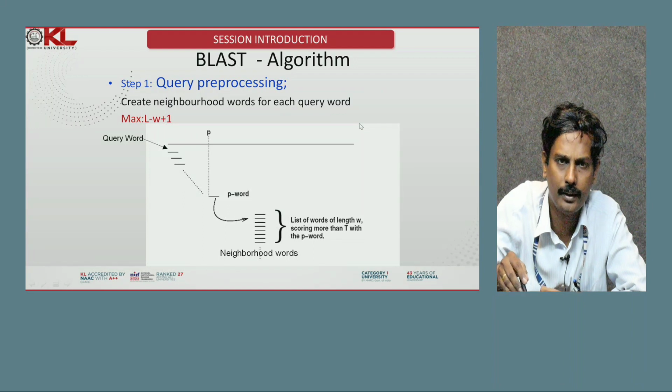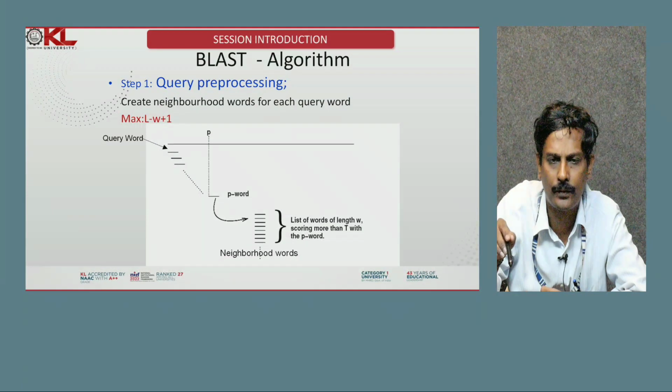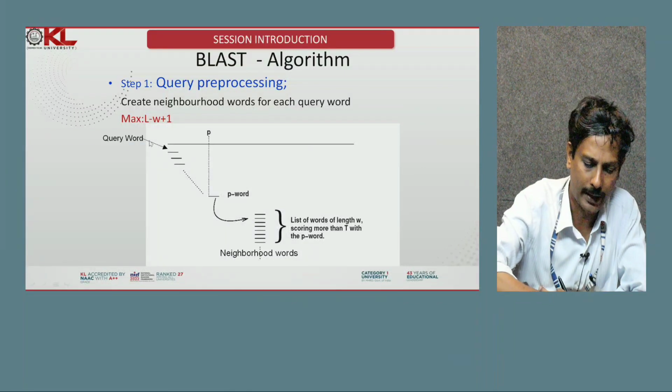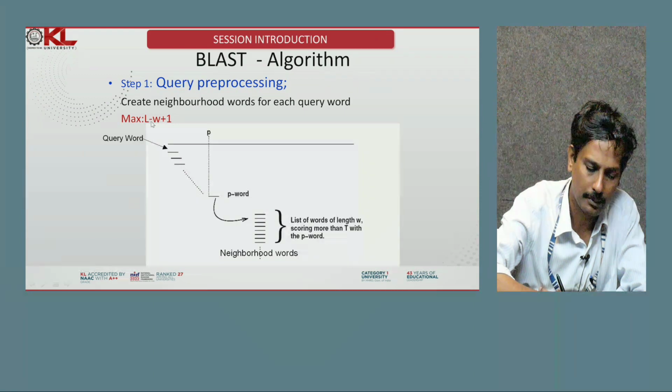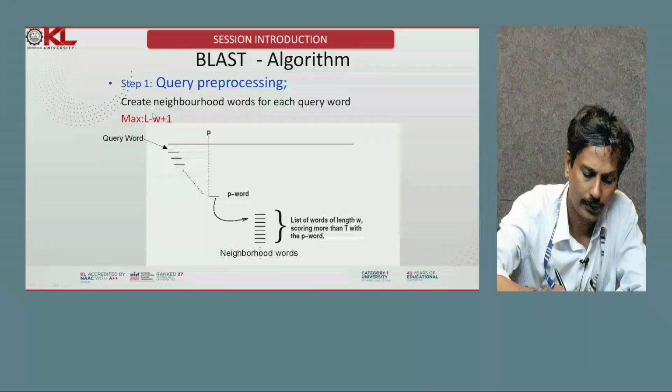So how does the BLAST algorithm work? First, in query pre-processing, you create neighbor words for each query word. Here, this is the maximum threshold: L, the length of the sequence, minus W, where W equals 3 or 2, plus 1.